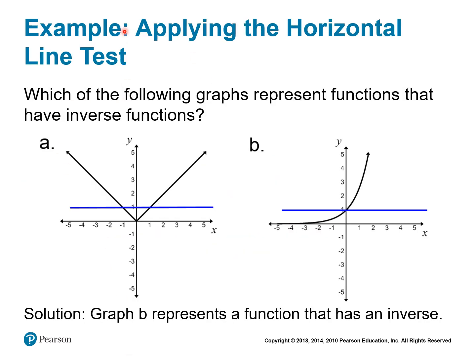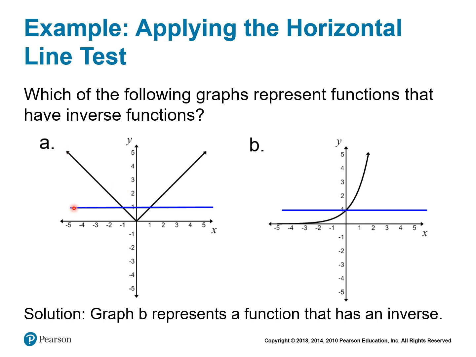Let's go through this example of applying the horizontal line test. So it says here, which of the following graphs represent functions that have inverse functions? So they have two graphs here, a V-shaped absolute value function graph, and then this graph here. All right, we have two graphs given to us.